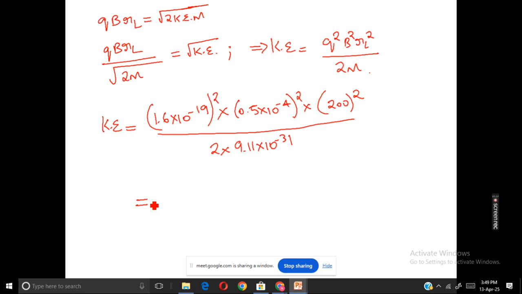1.6 into 10 raised to minus 19 whole square, into 0.5 into 10 raised to minus 4 whole square, into 200 square, divided by 2 into 9.11 into 10 raised to minus 31.